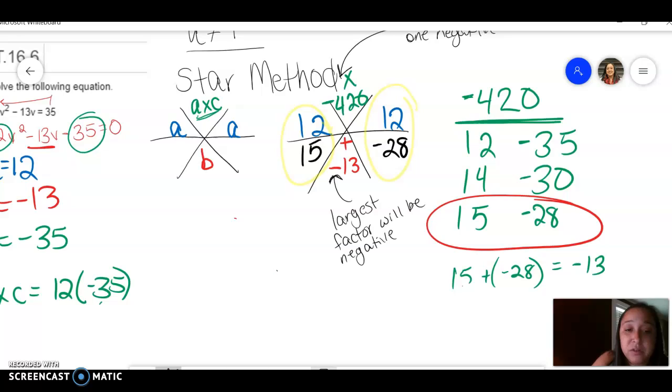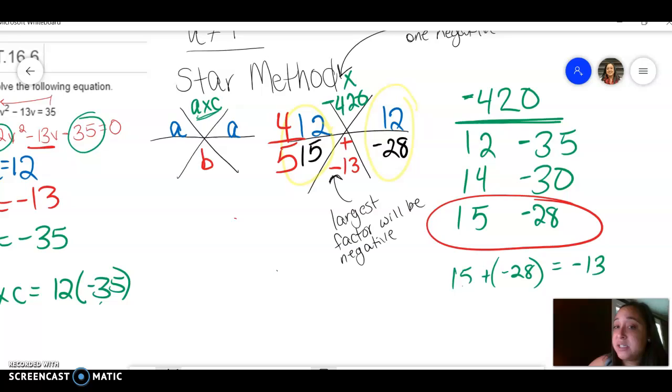So let me pick a color. Let's pick red. I don't have too many colors to choose from. But think about 12 and think about 15. What is the largest factor that will go into or divide evenly into 12 and 15? 3. 3 will go into 12 4 times. 3 will go into 15 5 times.